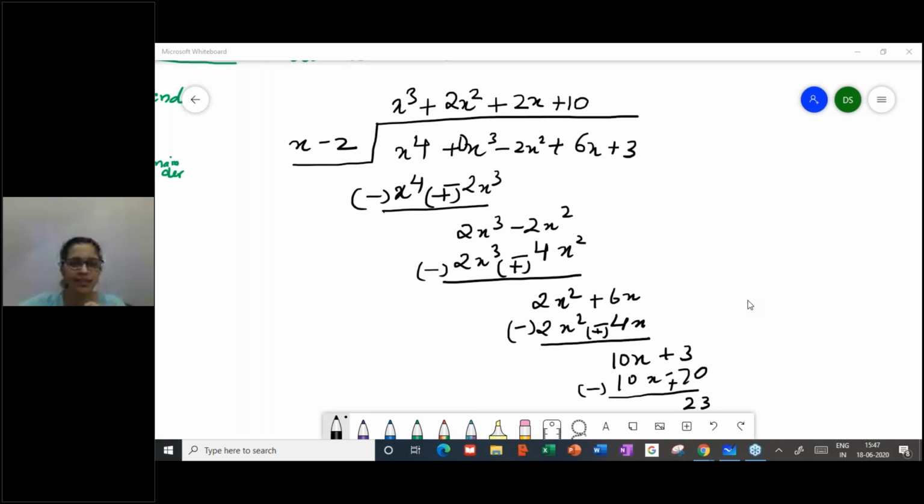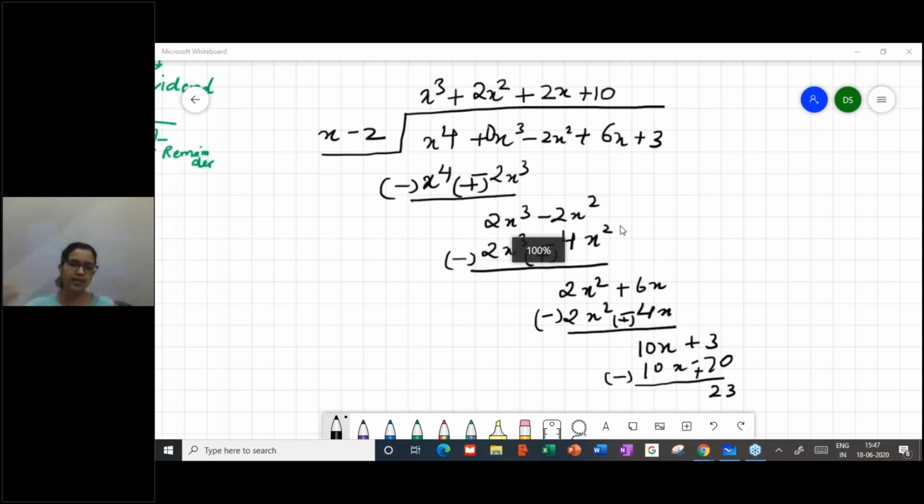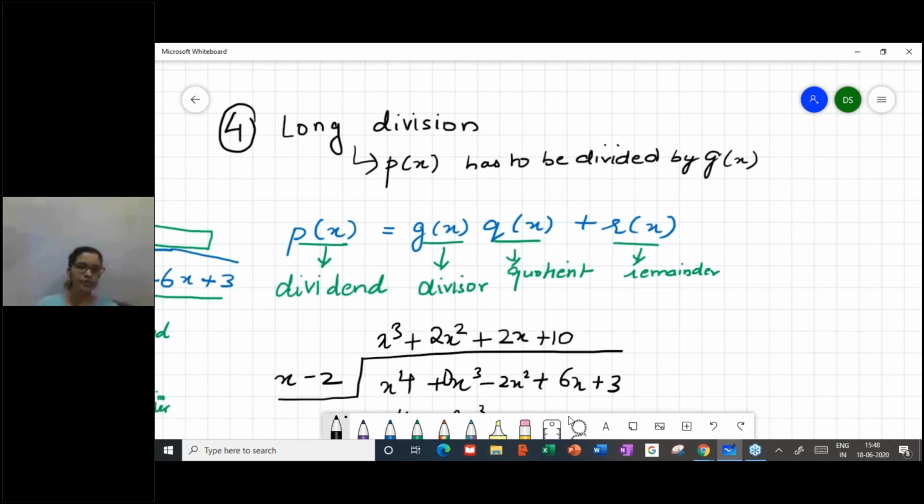So this is the fourth type of question which you get in this chapter, which is nothing but long division, where they will give you a polynomial and say divide it by that.